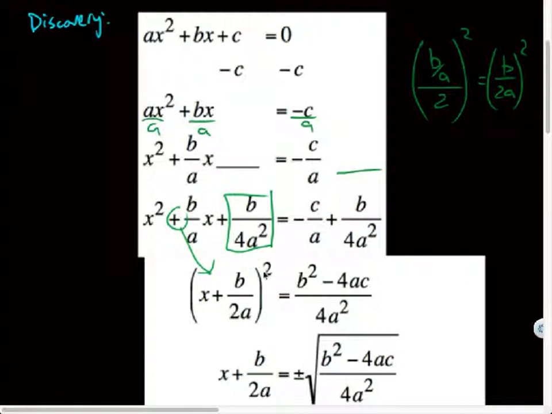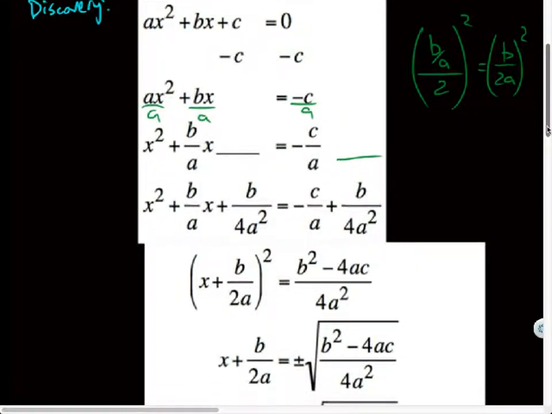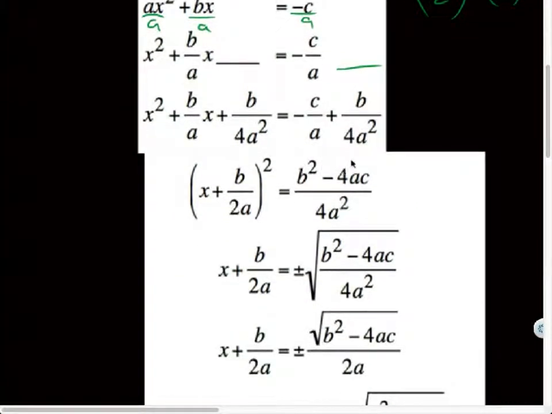So lots of possibilities for that fast factoring. And over here, I had to find a common denominator because a and 4a squared aren't like terms. In order to do that, I had to multiply this by 4a over 4a because 4a times a is 4a squared. Then I was able to combine those with some fraction magic, mathemagic.